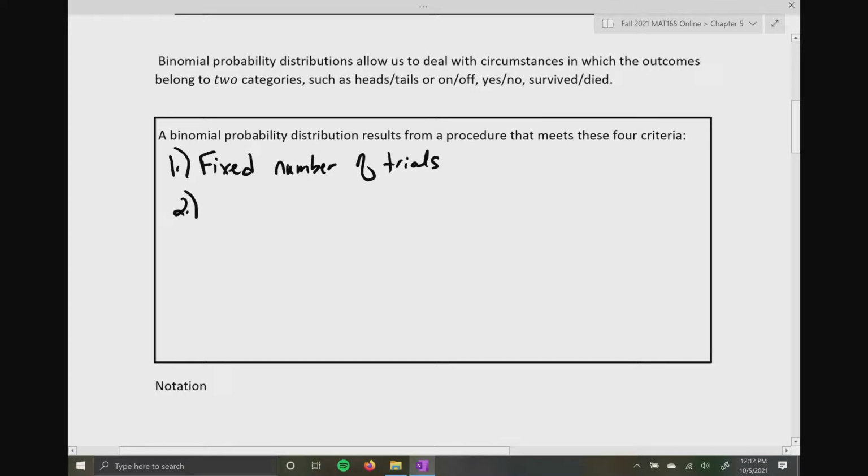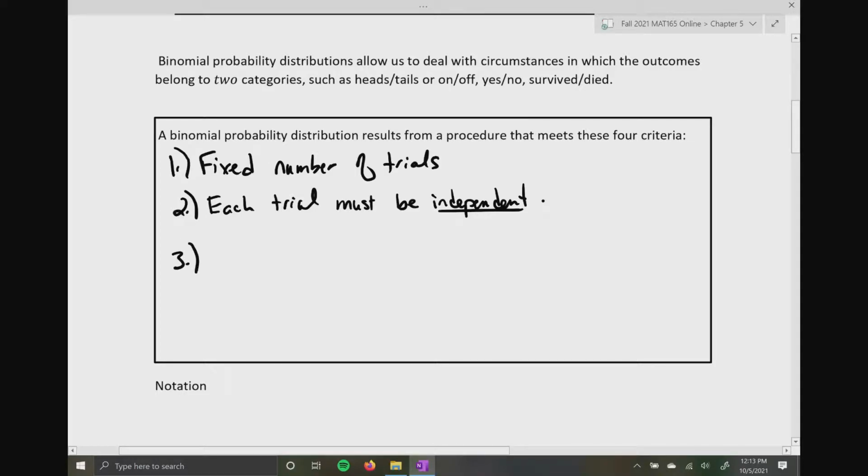The second criteria, each trial must be independent. And we should remember what that means from chapter 4. Remember, the probability of one event occurring does not influence the probability of another event occurring. So each trial must be independent.